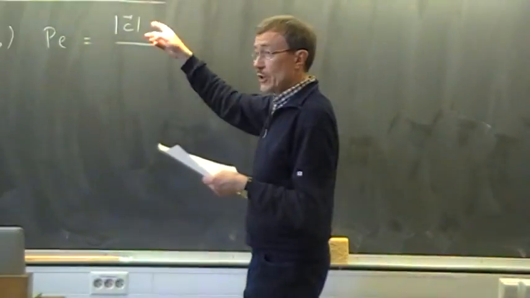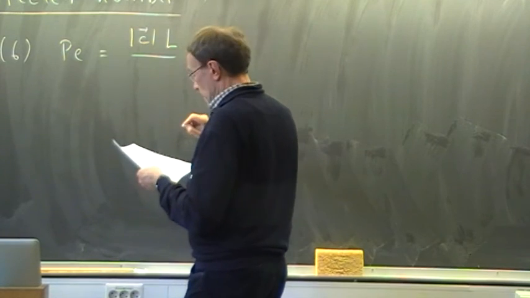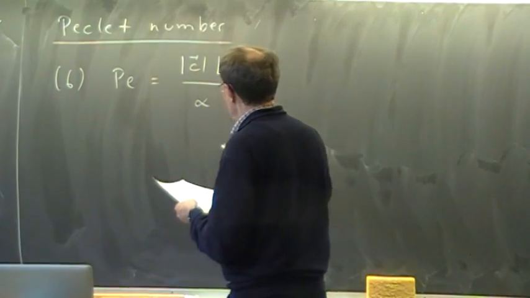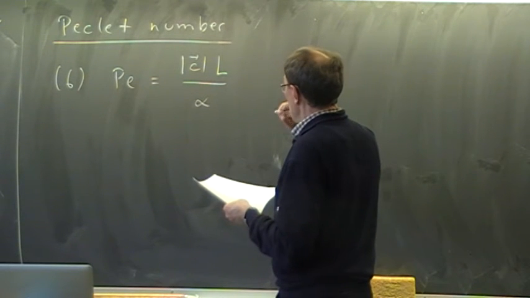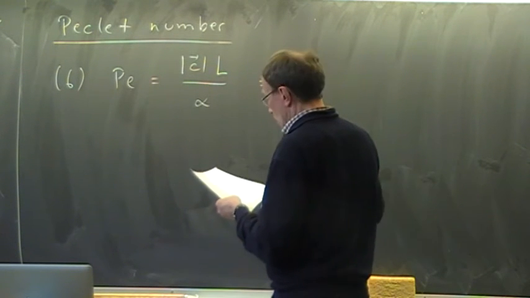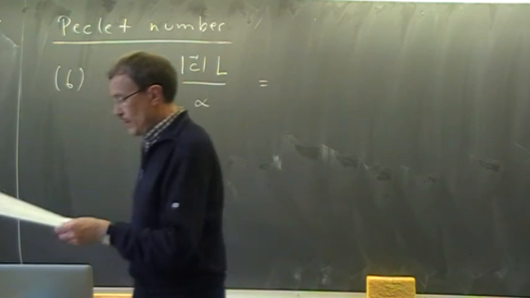This is from the general equation 1. Then we have here a length scale that we need in our problem, divided by the diffusion coefficient. So that is the ratio of the convective and the diffusive flux.